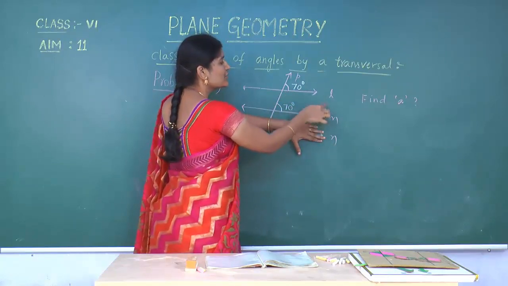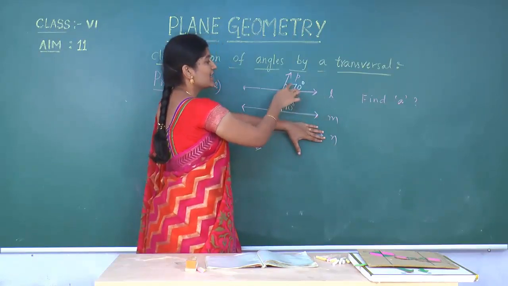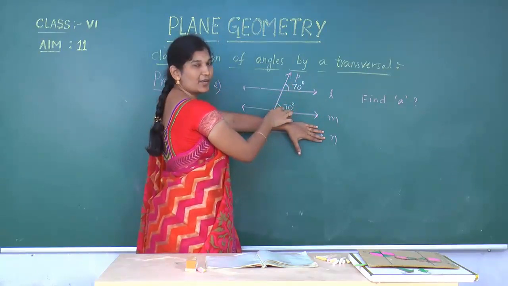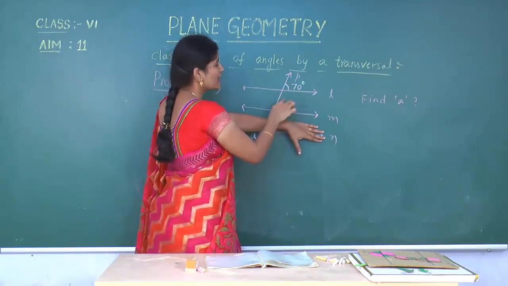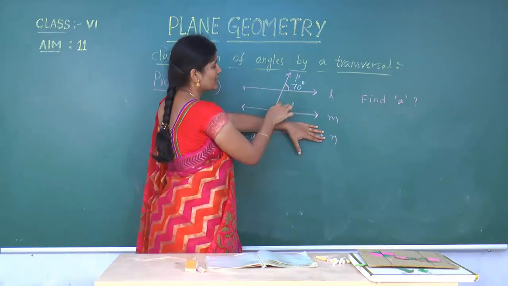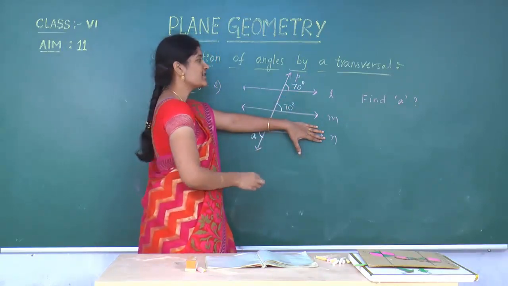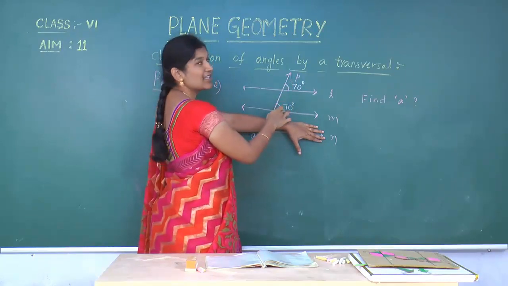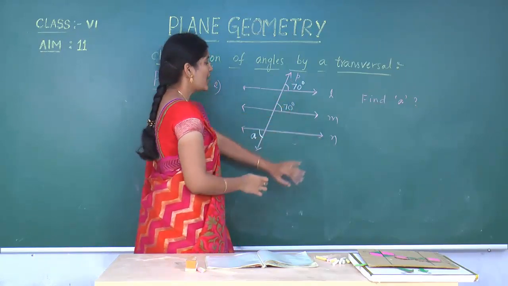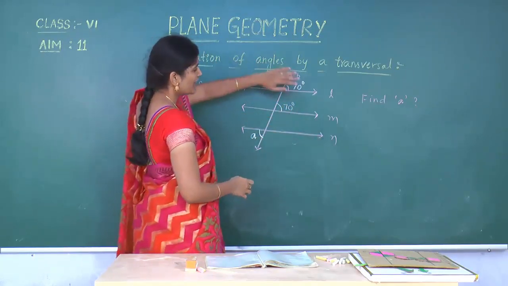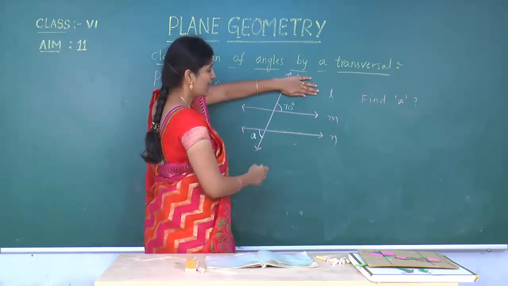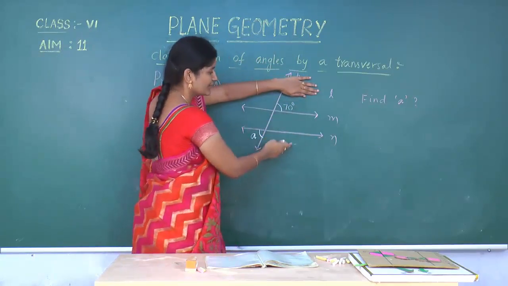Because if these 2 are parallel lines, then corresponding angles are equal. This is the corresponding angle to this one. Why? Because these 2 lines are lying on the same side of the transversal, and this is exterior and this is interior.